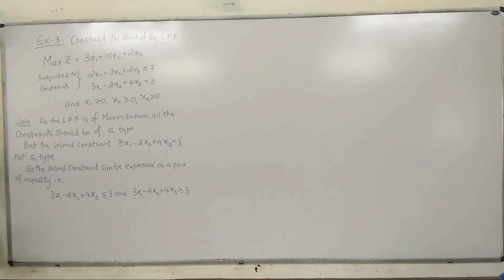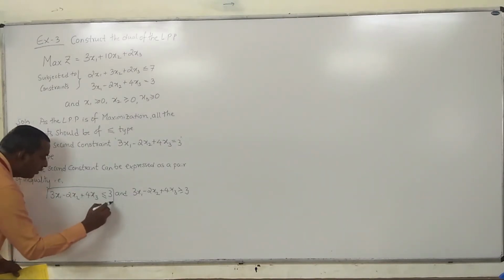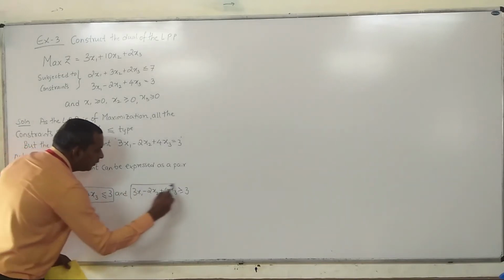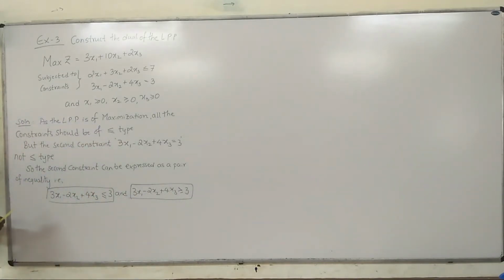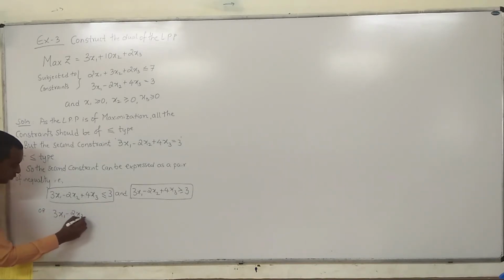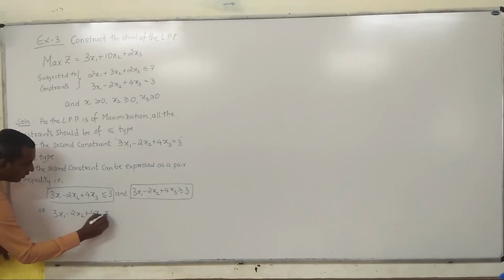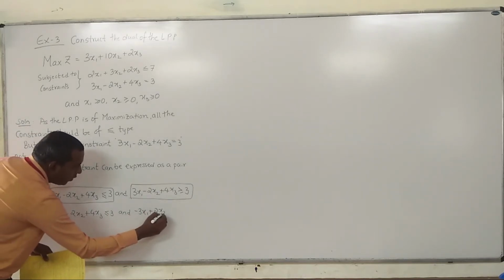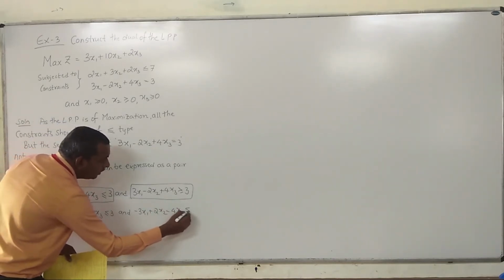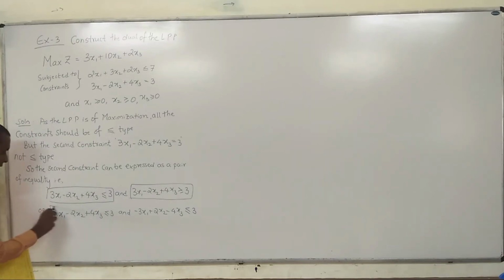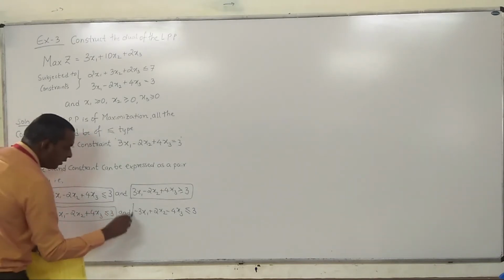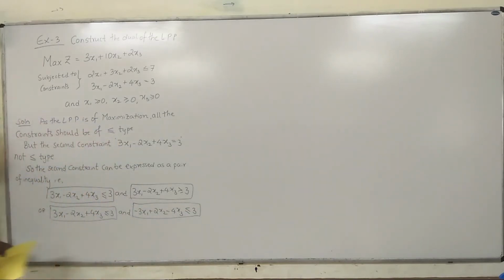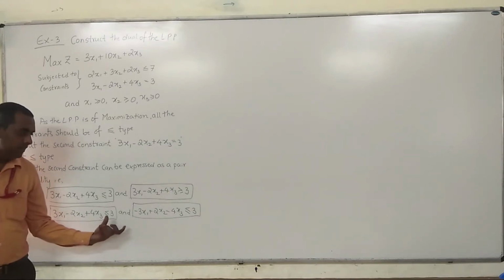So I have expressed it in two forms. Or I can write it like this: 3x1 minus 2x2 plus 4x3 is less than or equal to 3, and minus 3x1 plus 2x2 minus 4x3 is less than or equal to 3. Is it okay?